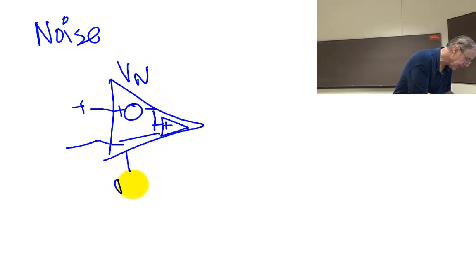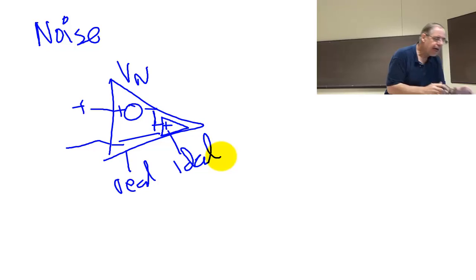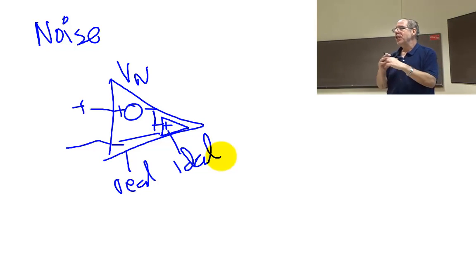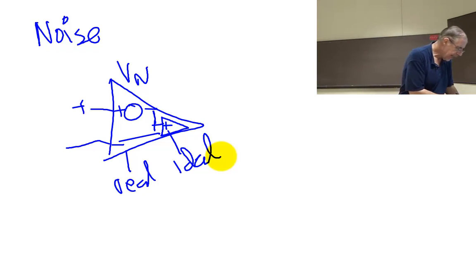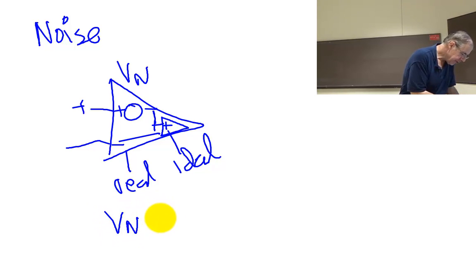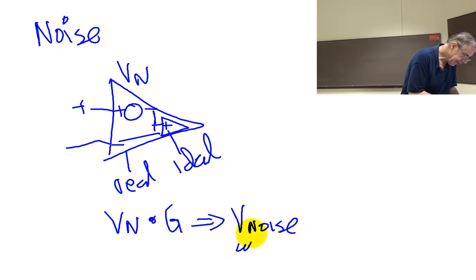So this is the real op amp here, and this is an ideal one. And the consequence of this noise is just like the offset voltage. The op amp noise times the gain of this circuit is going to generate the noise at the output.